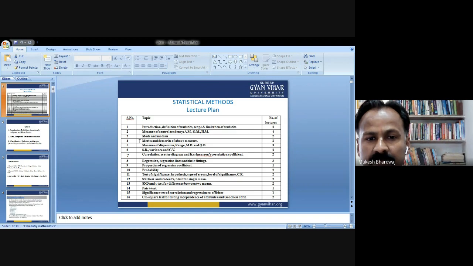And what are the merits and demerits of the above measures? Now, the fifth subtopic is measure of dispersion: range, mean deviation, quartile deviation, and so on. And in the sixth topic, standard deviation, variance, and covariance, CV.